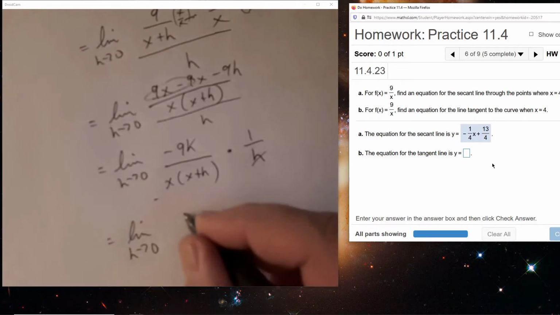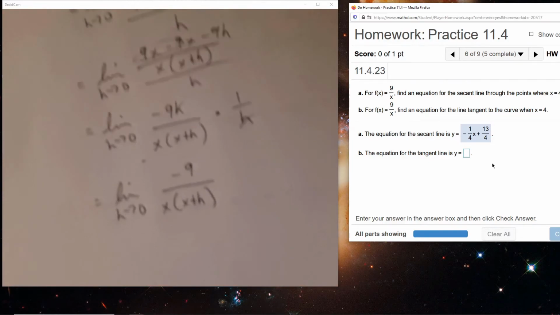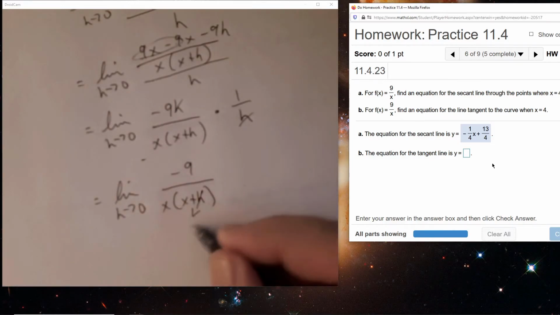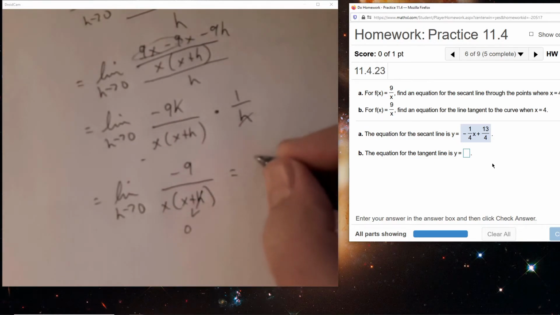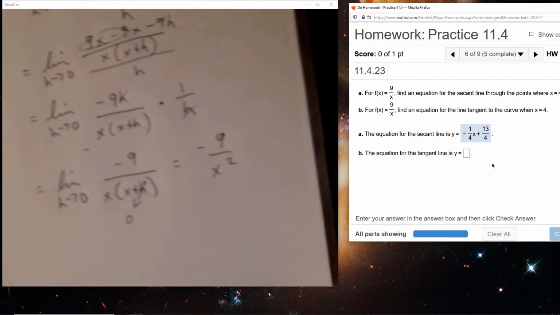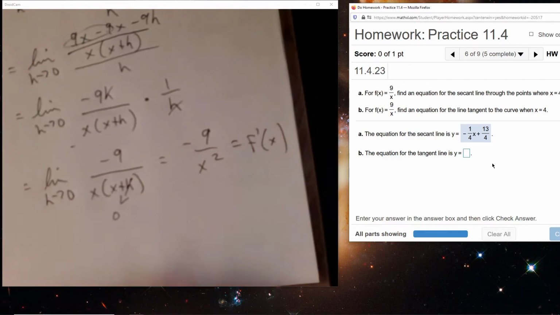And we're left with minus 9 over x times x plus h. Now, as h goes to 0, then this limit is forever approaching minus 9 over x squared. And that is our derivative.